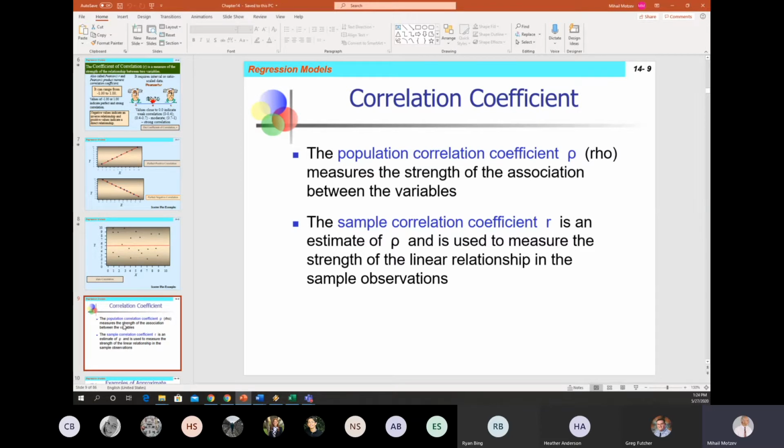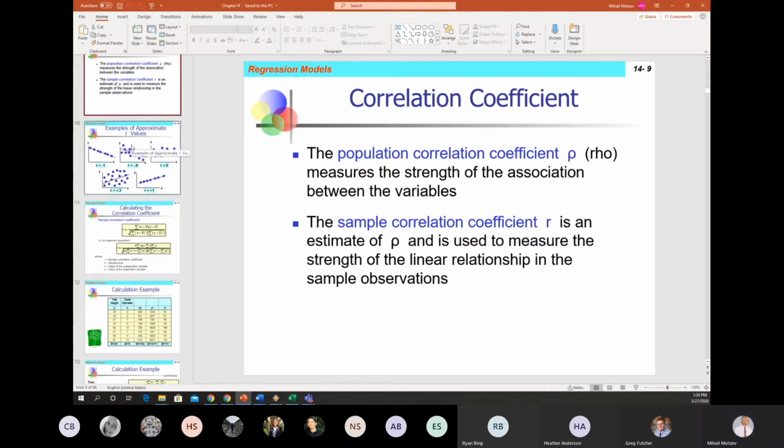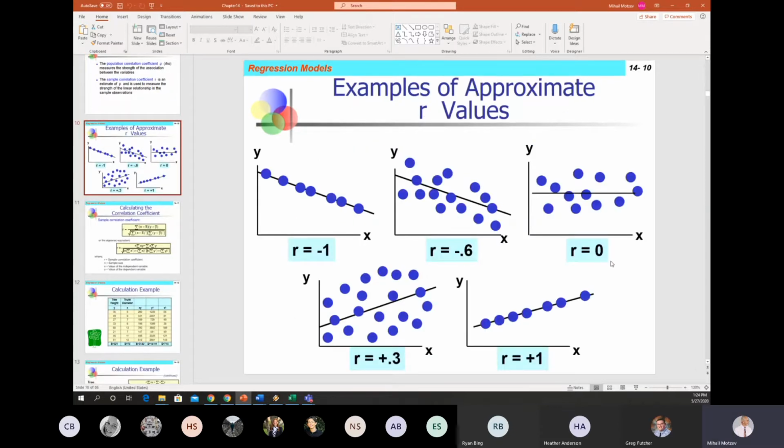Usually the population correlation coefficient is unknown, and with the help of a sample, one or more random statistical samples, of course, we compute the coefficient of correlation, and with its help, we identify the strength of the relationship. And here are some examples of how, or approximately how, the scatter diagram will look for given values of the coefficient of correlation.